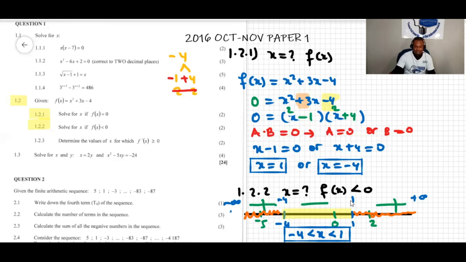Now, question 1.2.3. The question says, determine the values of x for which f prime of x is greater than or equal to 0.